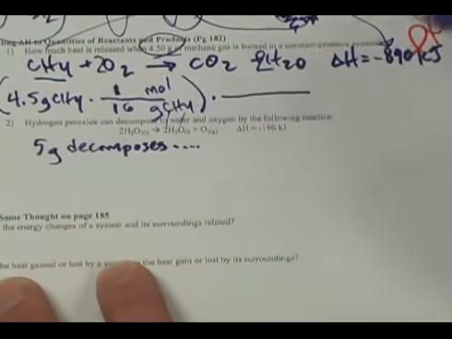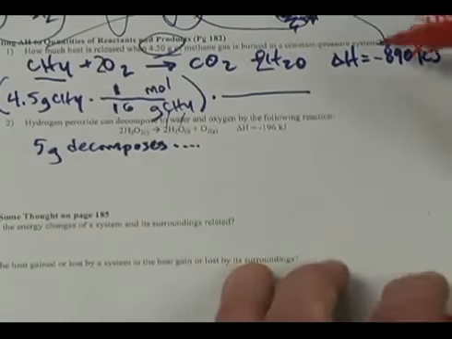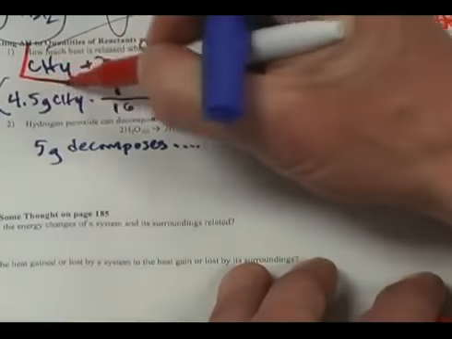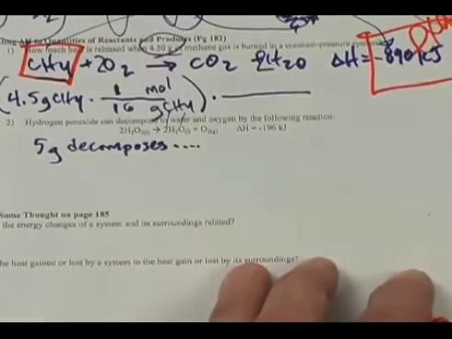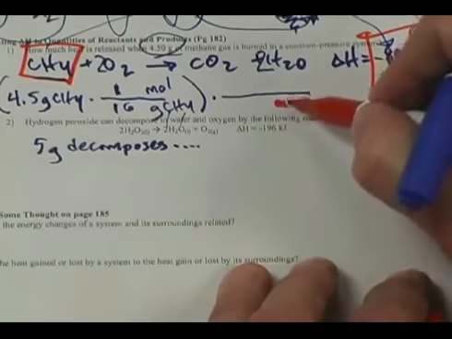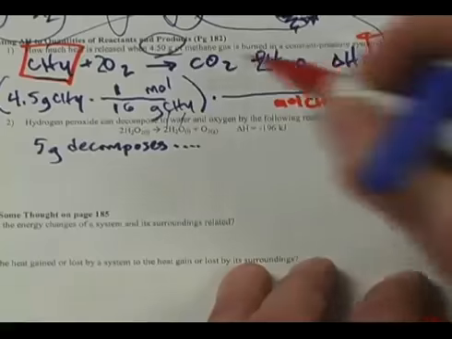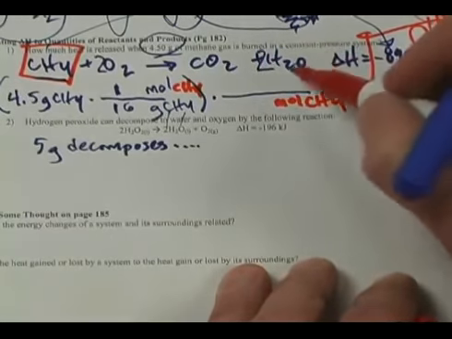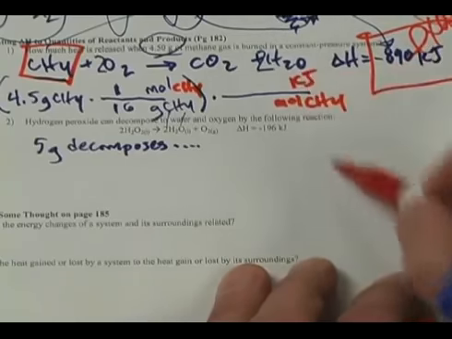And then you can use the thermochemical equation relationship, where there are 890 kilojoules released for every 1 mole of methane that's burned. And so we can put our moles of CH4 here on the bottom, in a position where it's going to cancel, and then our heat in kilojoules up here on the top.